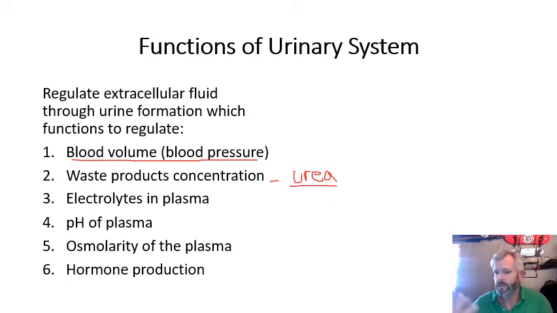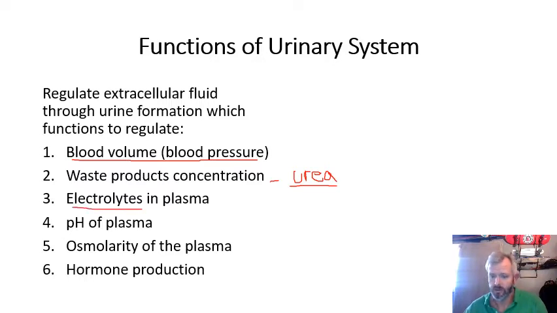This urea is the reason why, even if you were in a nice controlled environment, temperature-wise, you will still be dehydrating. Even if you're not sweating away, you'll still be dehydrating, because we have to produce at least roughly 400 milliliters of urine a day to be able to remove this urea. So it's mandatory that we remove this urea, and that's one of the main functions of the urinary system.